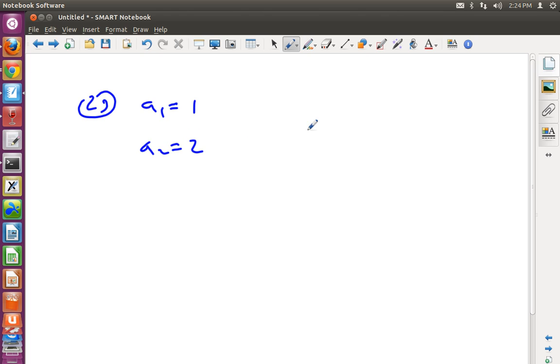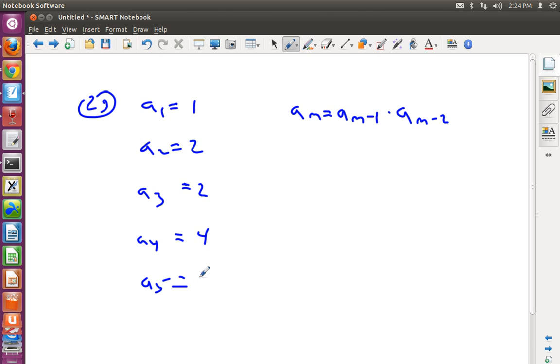And a sub n, the next one, is a sub n minus 1, the previous one, times n, a sub n minus 2, the one before that. So, what is a sub 3? 2. What's a sub 4? 4. What's a sub 5? 8, and so forth. They wanted 5 terms, there they are.